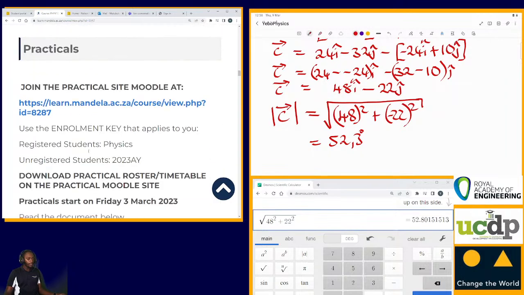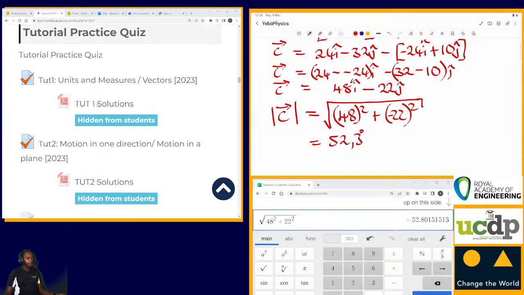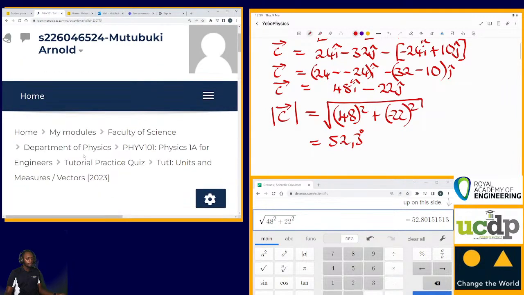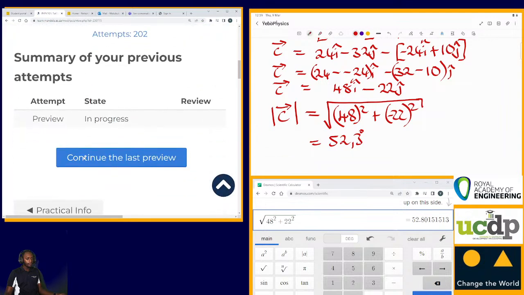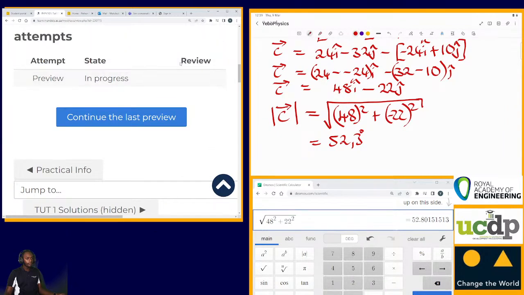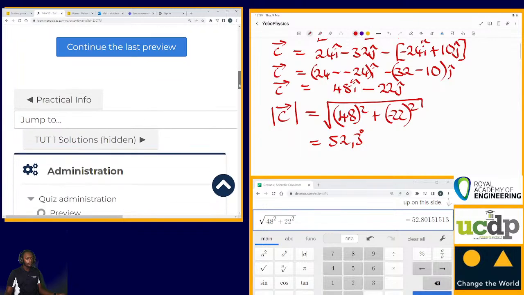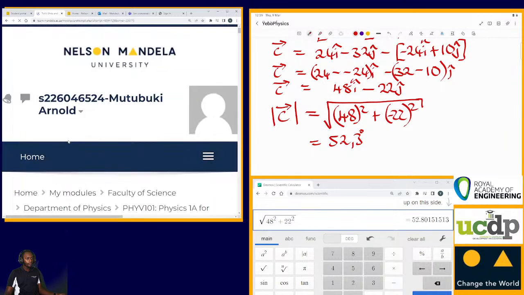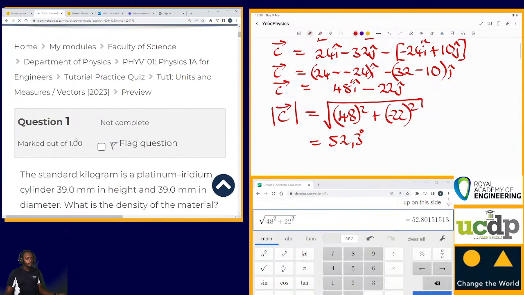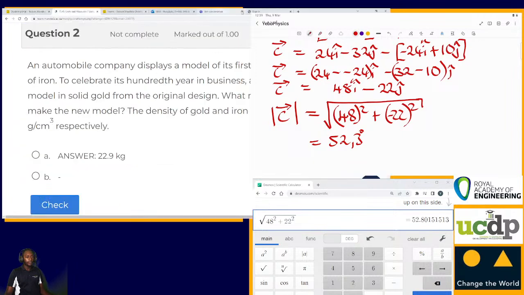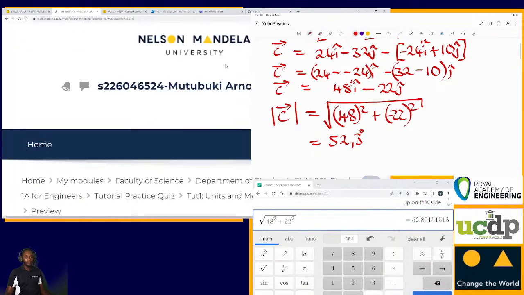So I just want to begin on a new preview. Right, so seems like I am not able to do that.